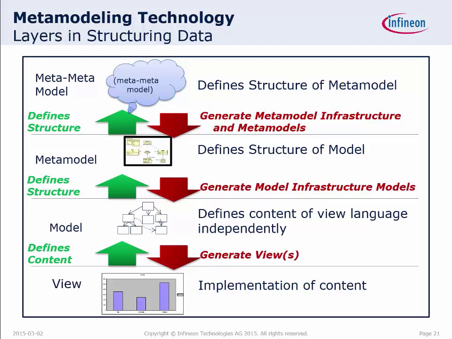So that means the view is the output of the data, the view which you need for your design. Then the model is the data, like the register data, for example, the register name, the offset, and so on. This is the model.